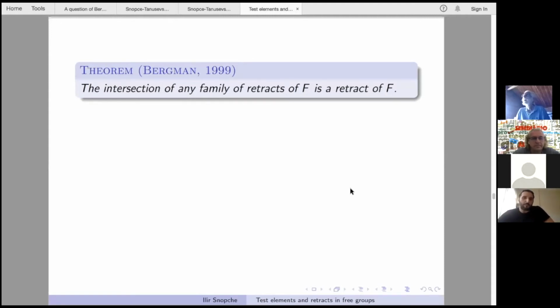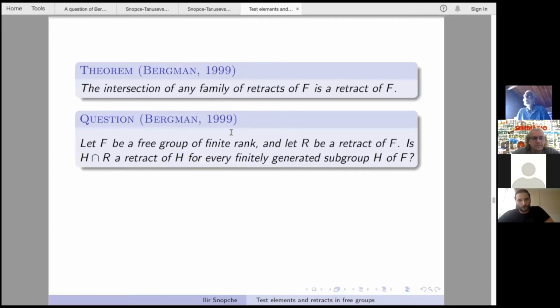In the same paper, Bergman raised the following question. Let H be a free group of finite rank, and let R be a retract of F. Is H intersection R a retract of H for every finitely generated subgroup H of F? So what is the question?